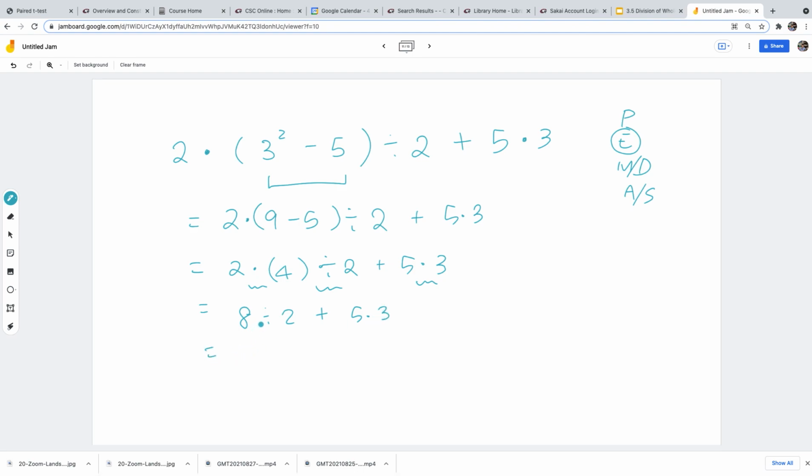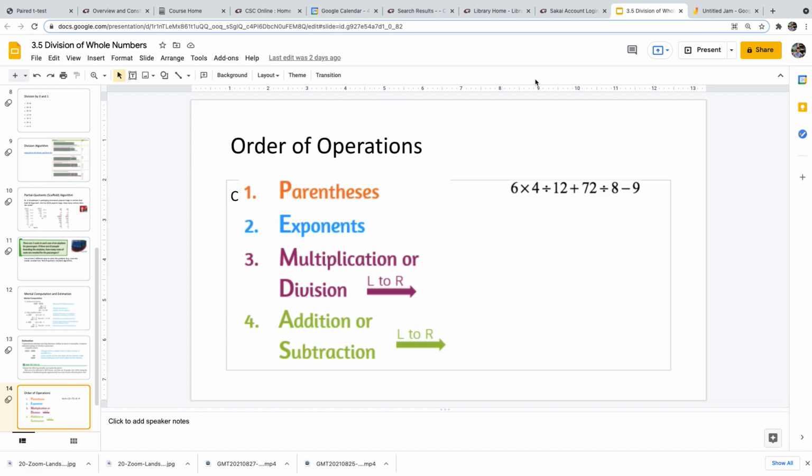We still have the division and multiplication, so let's do division first because it comes before multiplication. 8 divided by 2, 4 plus, now you can do multiplication, 5 times 3, 15. Now it's just addition, so it's going to be 19. Okay, hope that was helpful. And that's it for section 5.